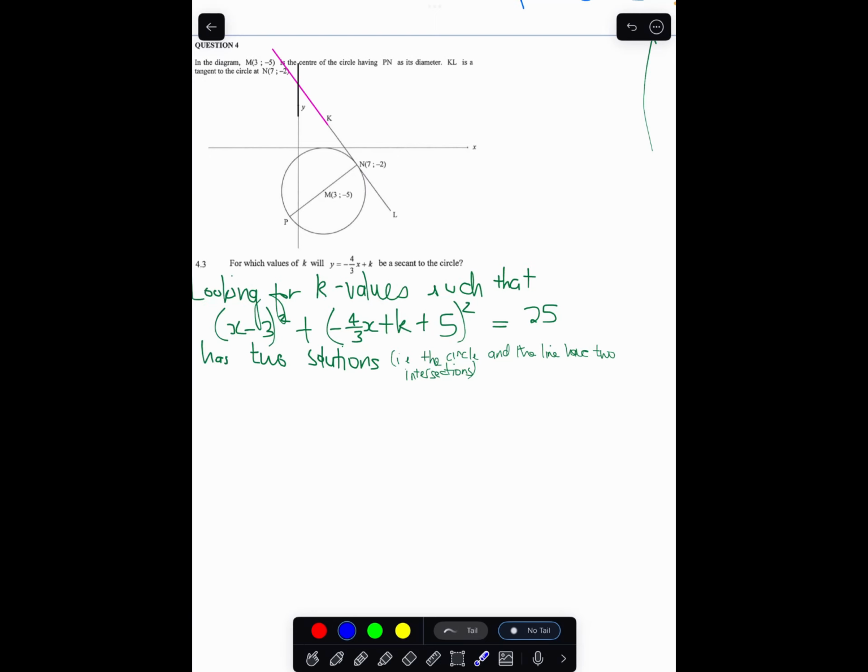Anyway, I have a feeling that we're going to expand this. It's going to end up being a quadratic equation because of the x squared that's going to come out of it.